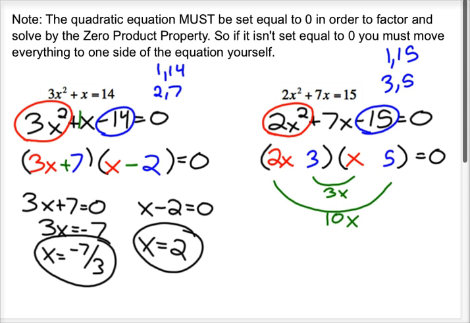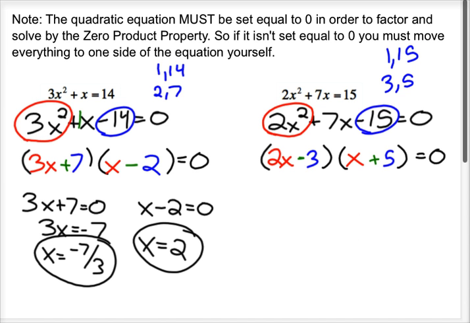So again, we already talked about one of those is going to be negative. So making one of those negative, can I get a positive 7x? The answer is yes, I can. If I have negative 3x, those are going to add to positive 7x. So that means my negative goes there, positive goes there, and that's going to be my factored form.